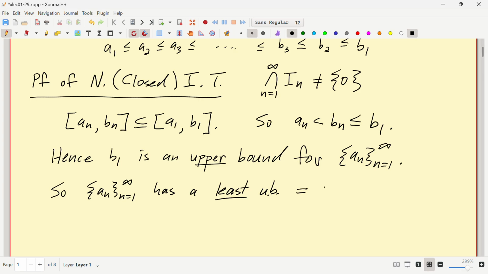Let's call it R, and another way to write least upper bound is the supremum of all the A_n's. R is going to be the thing that's in the intersection. And I need to do something else now.